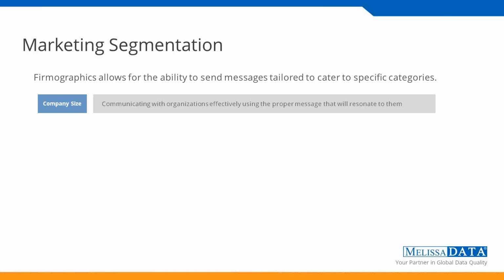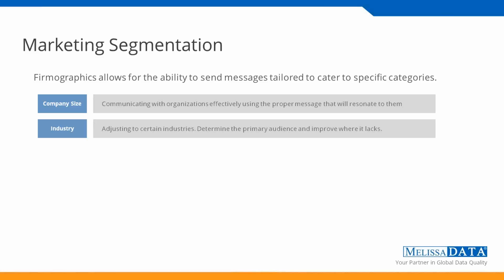So you want to be able to base your marketing strategies off of company size, or at least know what the company size is before you actually send out your marketing campaigns. This is very important. And also, going back to what we talked about, the SIC codes and NAICS codes, being able to adjust to certain types of industries is important because your message might resonate much better with them if you tailor all of your advertisements based off of that industry.